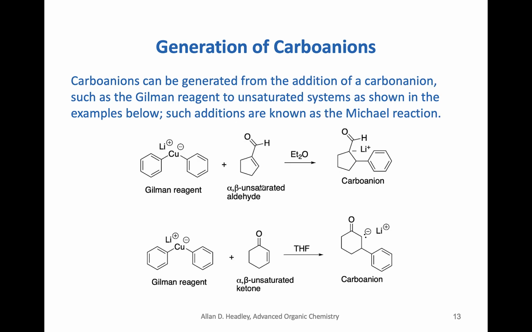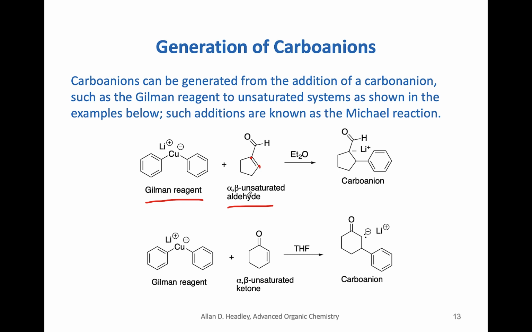Let's look at some more examples here. Here's a Gilman reagent, an organocuprate. Here is a double bond, but it's in conjugation with a carbonyl. Still, here is the alkene portion, known as an alpha-beta unsaturated system. Why alpha-beta? Alpha carbon is the first carbon from the carbonyl, and then beta.